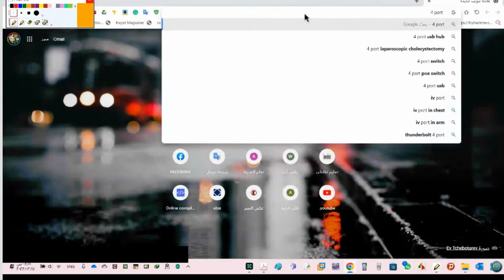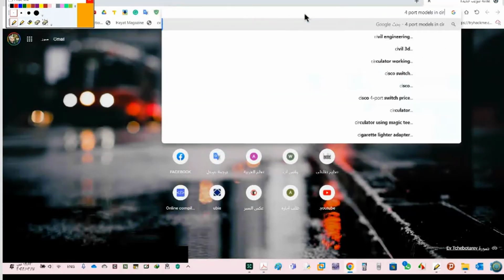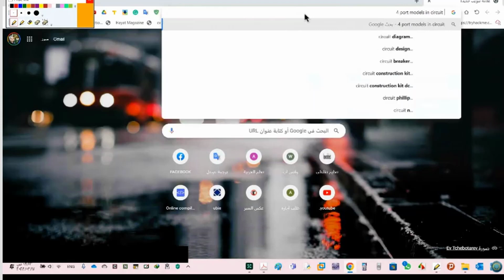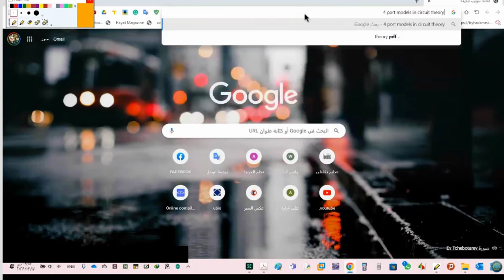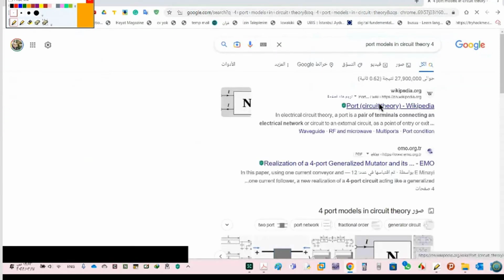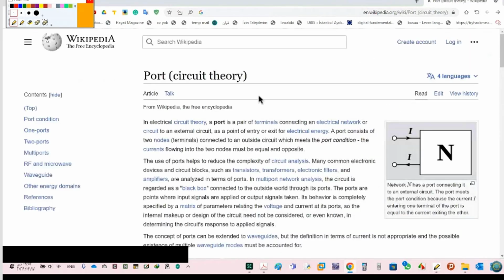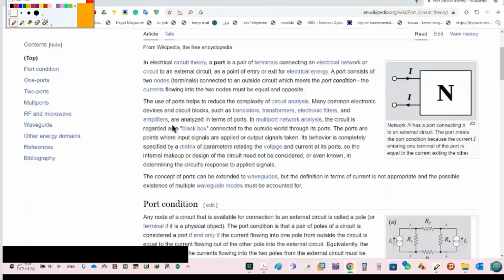Four-port models. So if I open, for example, the internet, you can find four-port models in circuit theory. See, you can find here a four-port model. If I open, for example, this one, this is the four-port or two-port model.